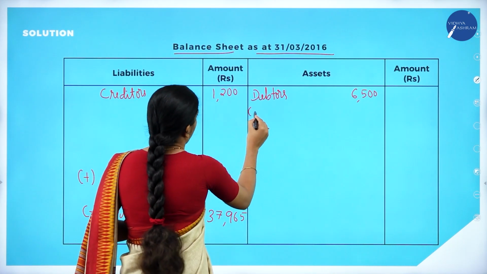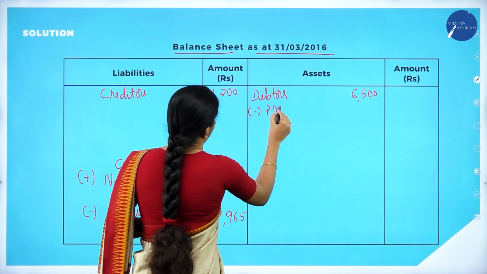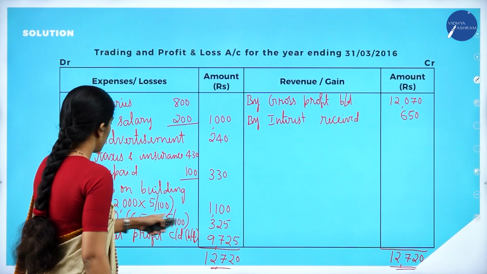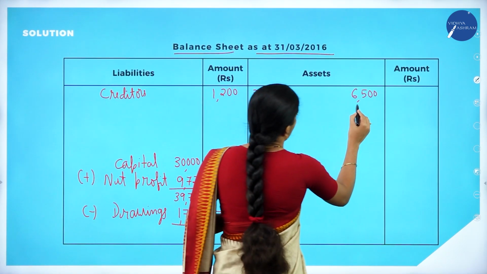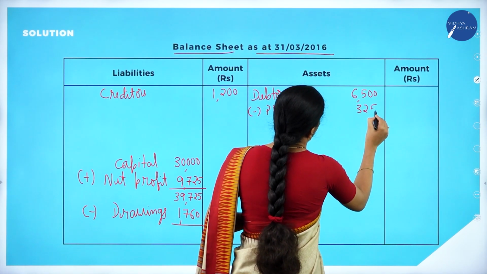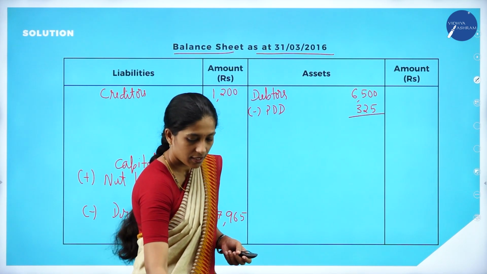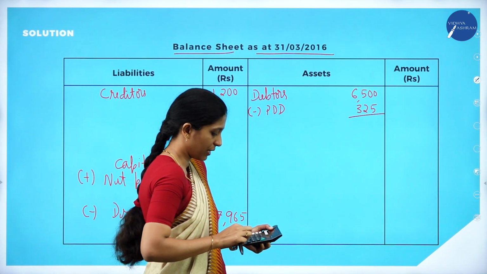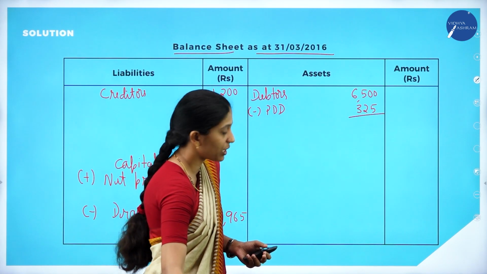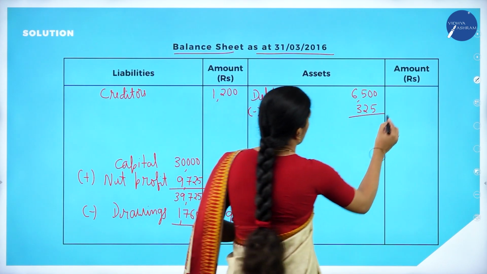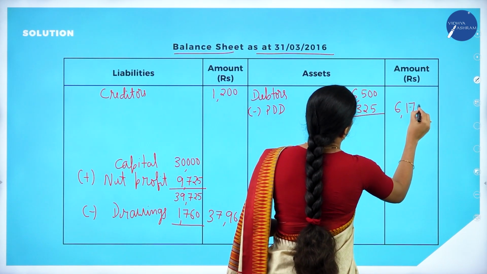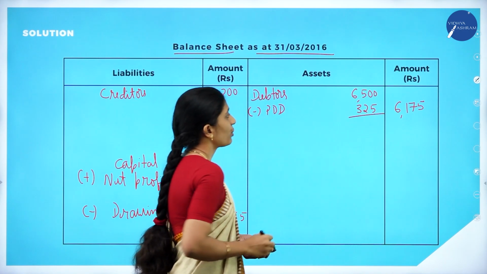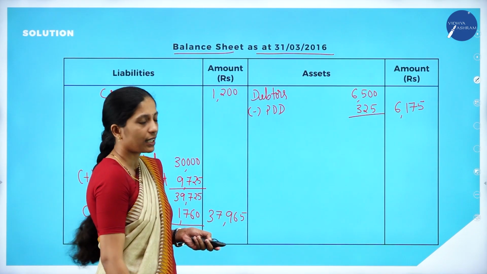For debtors we have PDD, provision for doubtful debts, that is 325. So 6,500 minus 325, we'll get 6,175. This is how you will record the debtors.